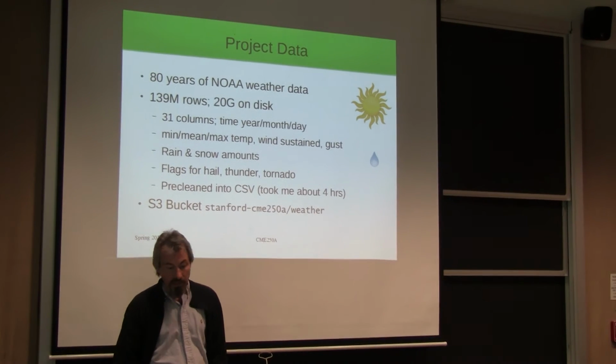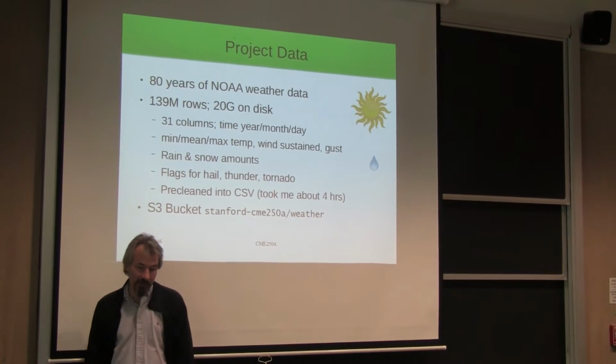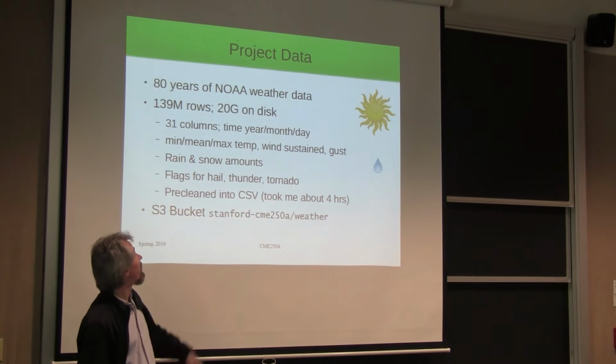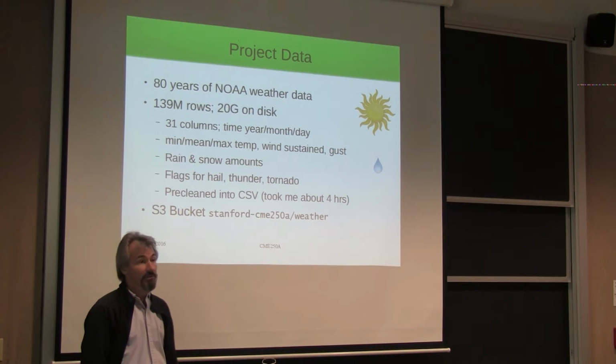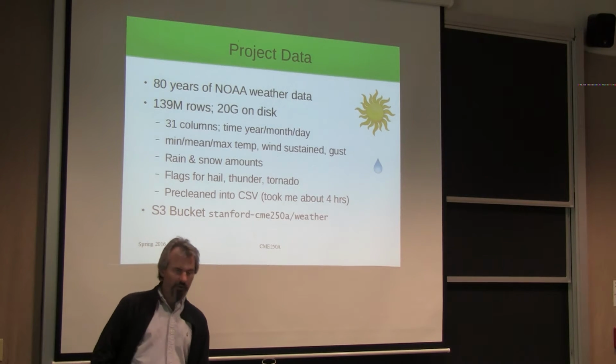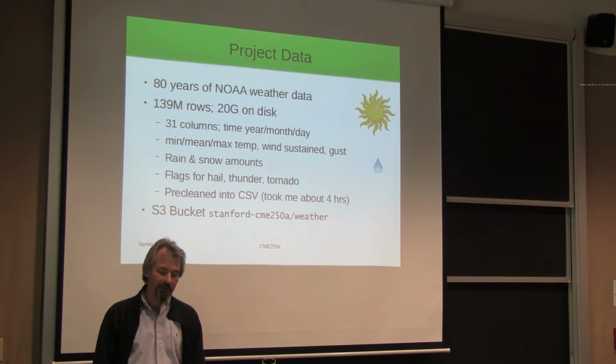Okay, so after much screwing around, I spent about 4 hours finding a data set that made sense. I grabbed this, which is 80 years of NOAA weather. It's US weather data; I don't know if there's Alaska or Canada in there. It's 139 million rows, 20 gigabytes on disk.